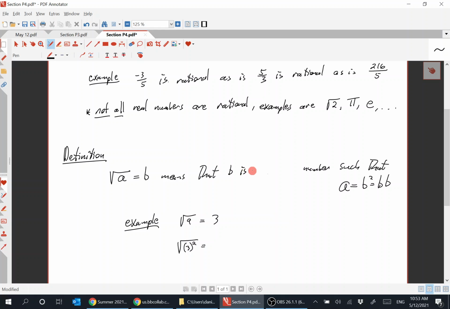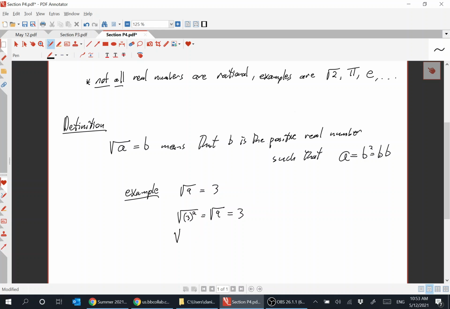I said that wrong. b is the positive real number such that a is equal to b squared. Well, here, 3 squared, again, that's 9, and the square root of 9 is 3.